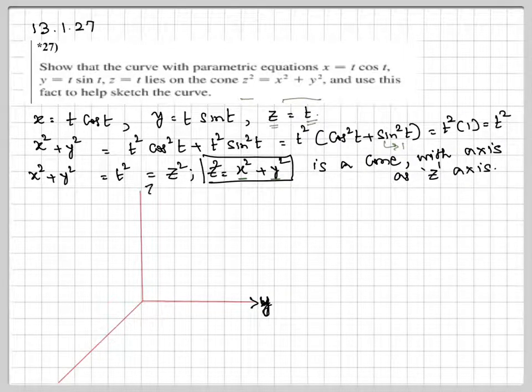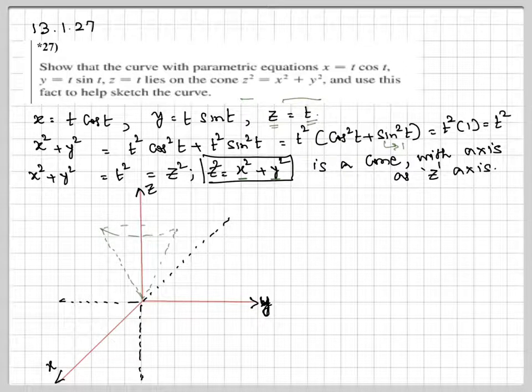So let's graph the coordinate axes x, y, z, and then the negative z, negative y, negative x axes. Then we'll draw the cone. This is only a rough graph of the cone. So it is directed towards the z-axis.